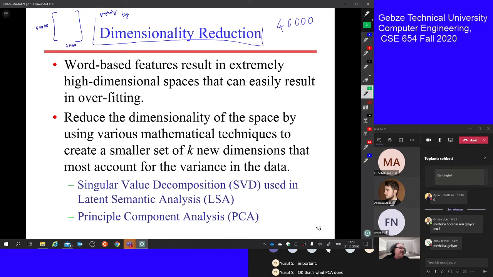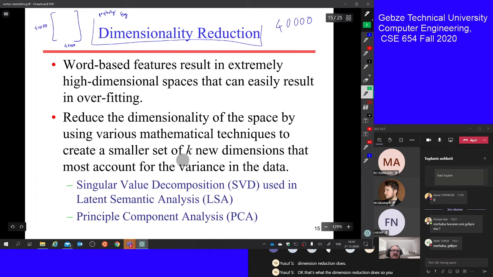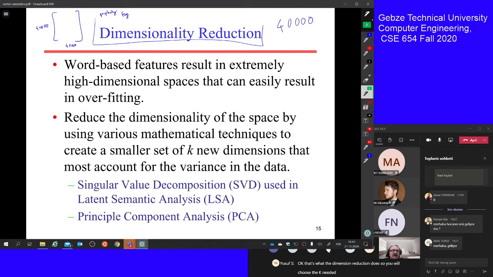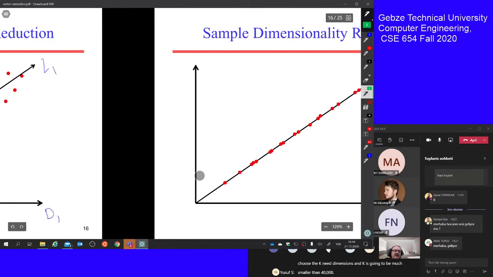And you will take maybe the top 100 dimensions out of 40,000. That will be good enough for you to represent your words or documents. That's what dimensionality reduction does. So you will choose K new dimensions, and K is going to be much smaller than 40,000. And PCA is doing one of them.